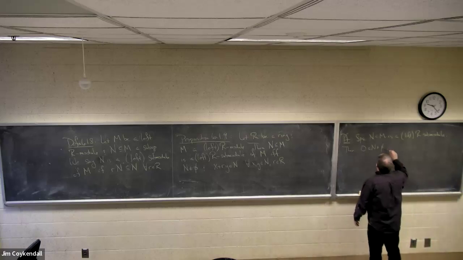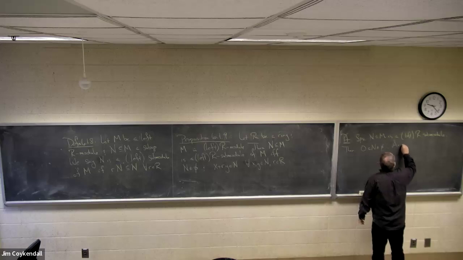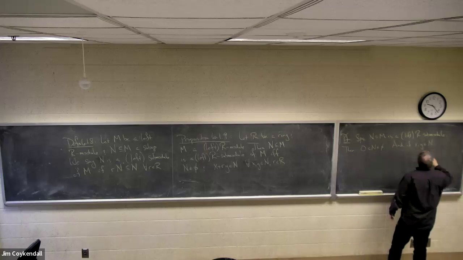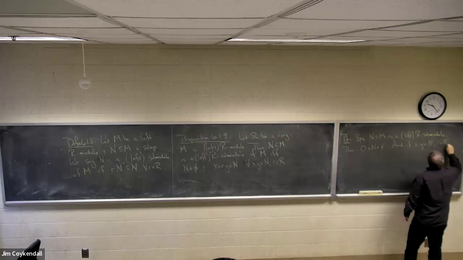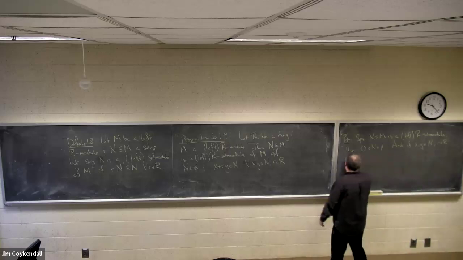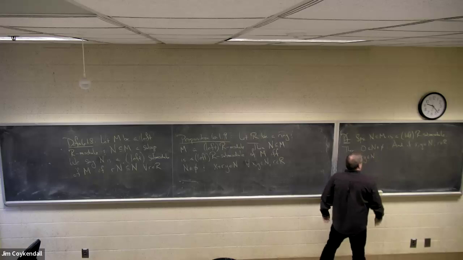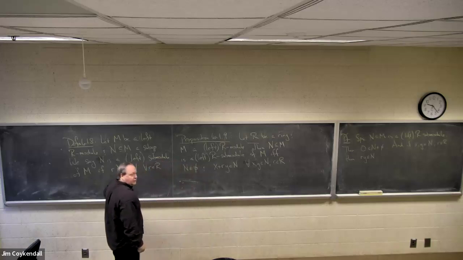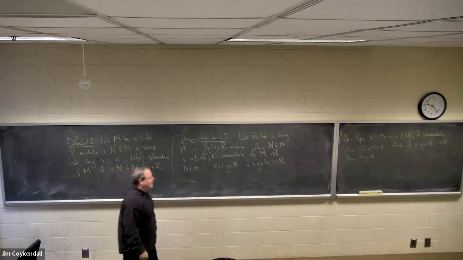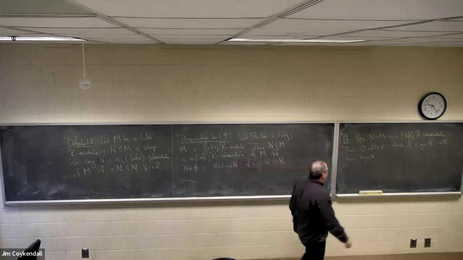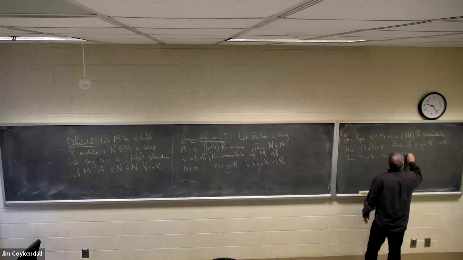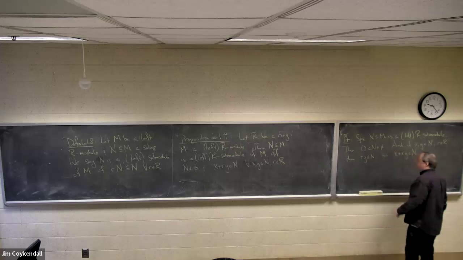And if x, y are in N and r is in R, then ry is in N, because by the definition of left submodule, r times anything in N is still in N. So ry has to be in N, so x plus ry is in N.